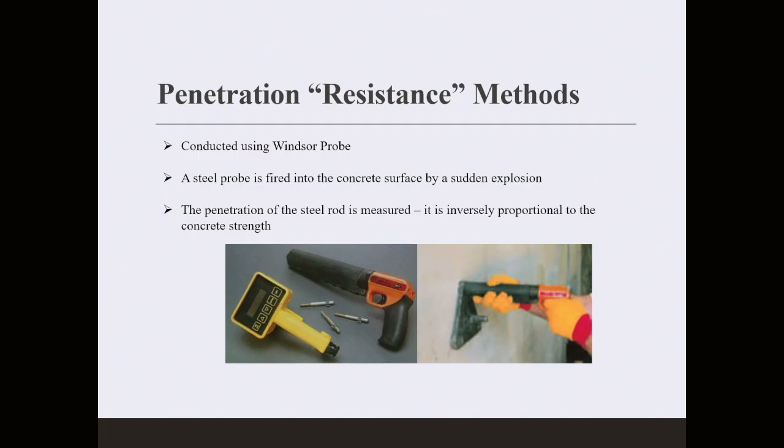And I'll go a little fast on the first set of them because I assume they're now pretty common everywhere on Earth. You use these types of methodology, right? Like in penetration or resistance method, like Windsor probes. Anyone use it here? It's not?